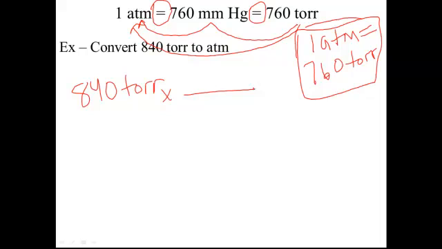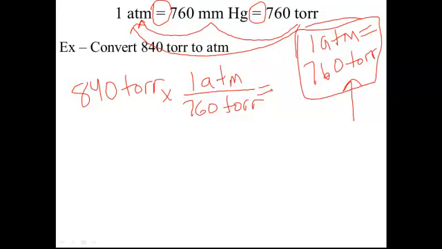So if that's our conversion, we're going to start with 840 torr. Now we want to cancel torr, so we need to put torr on the bottom. Here's my conversion again: I'm going to put 760 torr on the bottom and what it's equal to on the top. Now I can take my calculator and say 840 divided by 760.